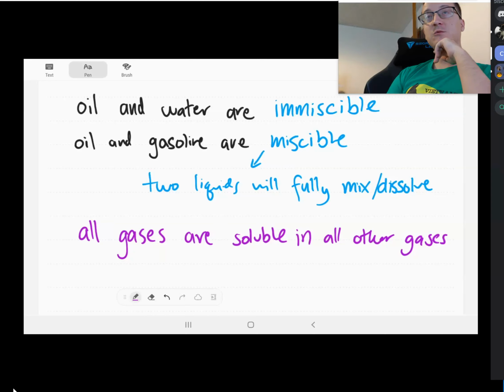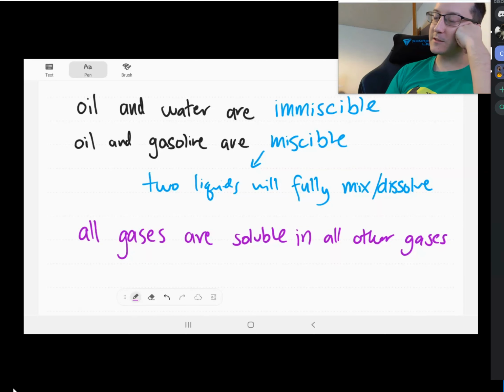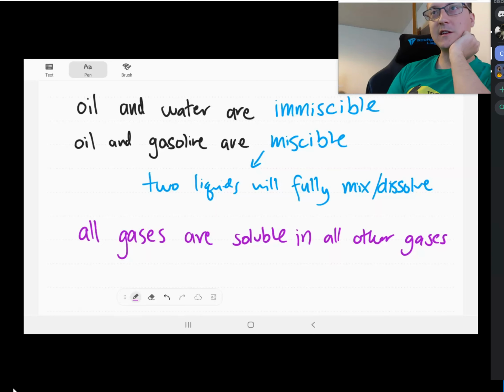Anybody have any idea why this will be the case? Why a polar gas will dissolve in a non-polar gas? For example, we have water vapor, which is polar, which will dissolve in nitrogen, which is a non-polar gas. Anybody have any idea why?